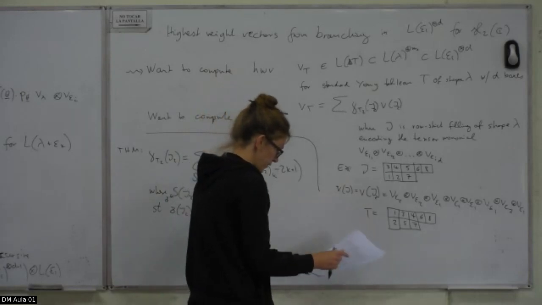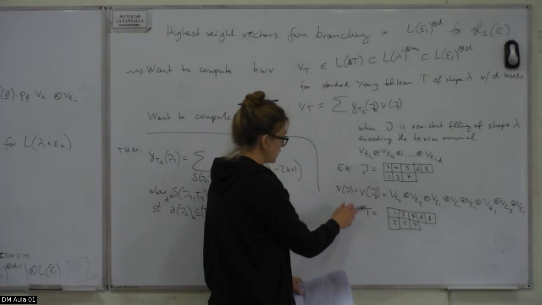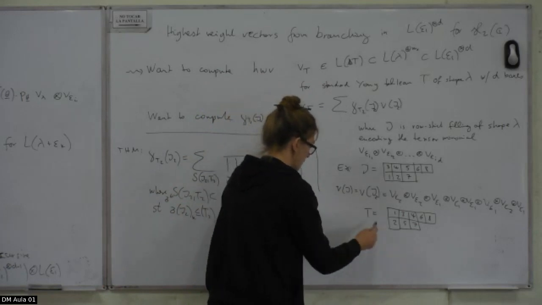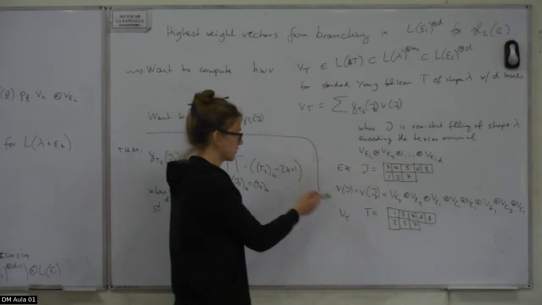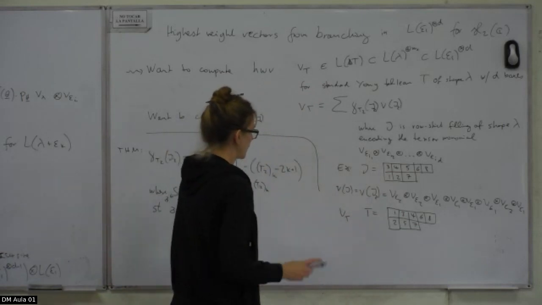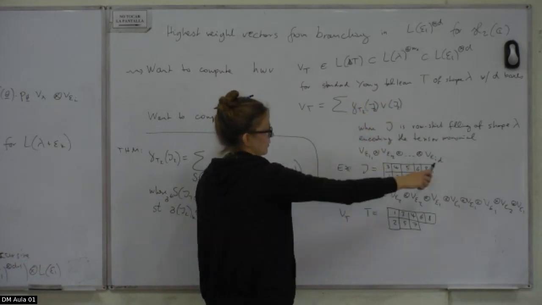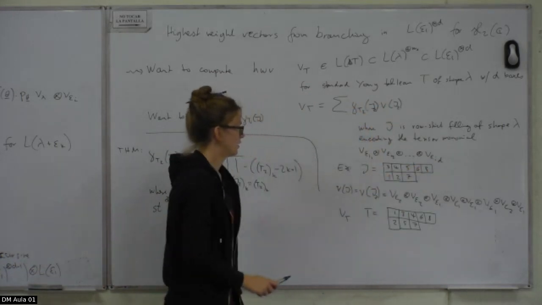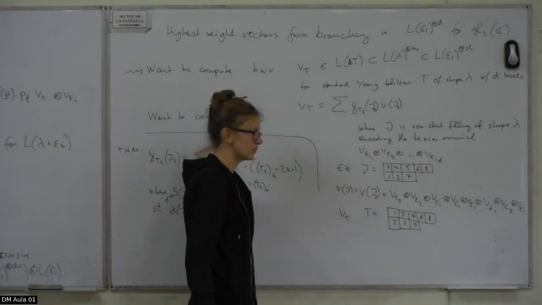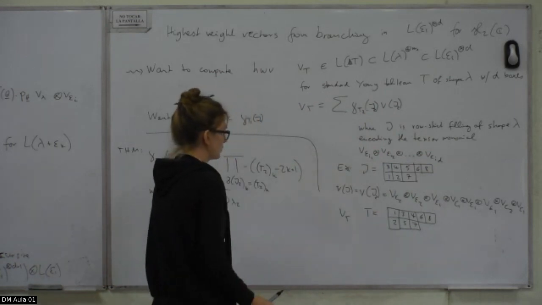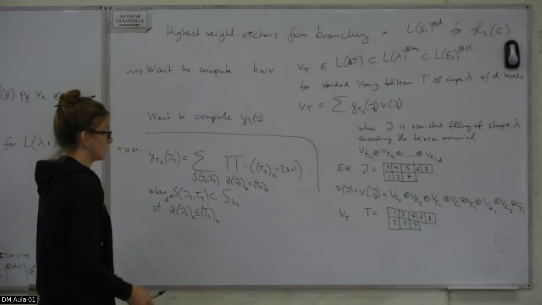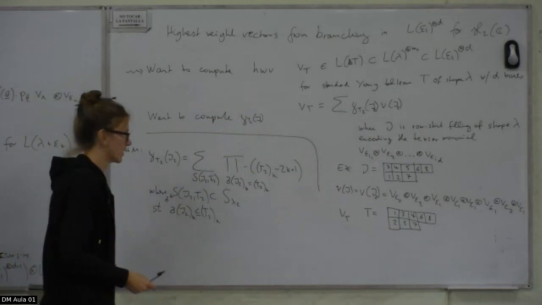And there, in order to find out, we know that there's some highest weight vector for this particular copy. And it will be a big sum. And we want to know how often this particular example here occurs. So what we need to look at is second rows and compare them.